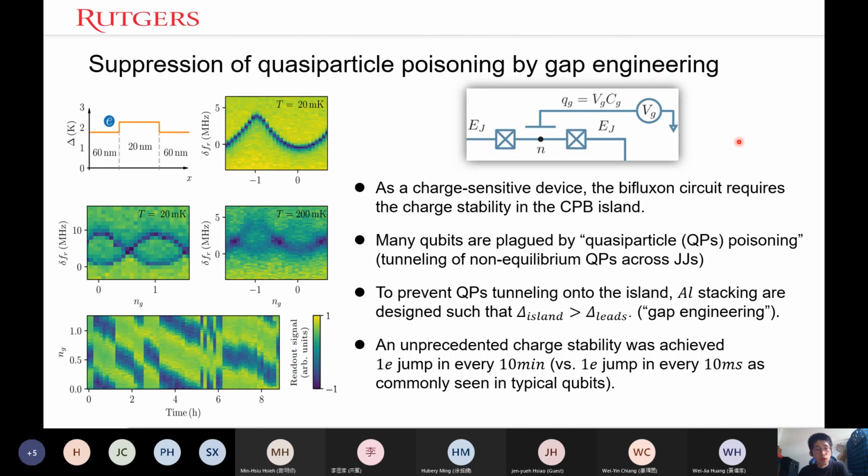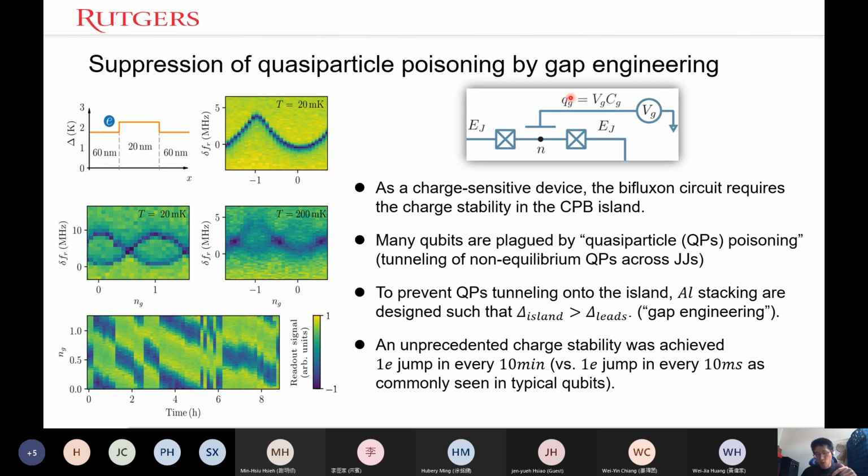Many qubits worry a lot about so-called quasi-particle poisoning. There are many recent activities studying cosmic rays.